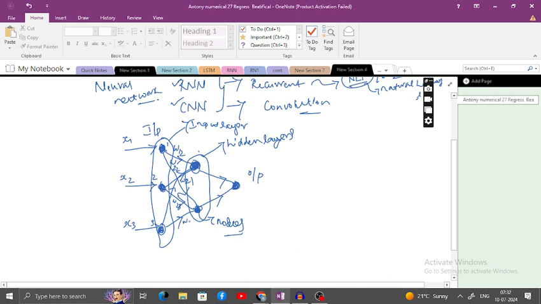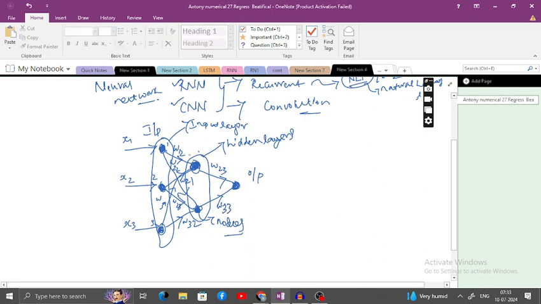W3 2 1, W3 2 3, W3 2, W3 1. So from the second node to the third node, W23, and this is the first node. Whatever you give, I can write W3 like this. Simply I have given a nomenclature.